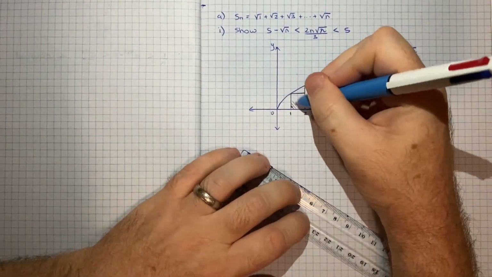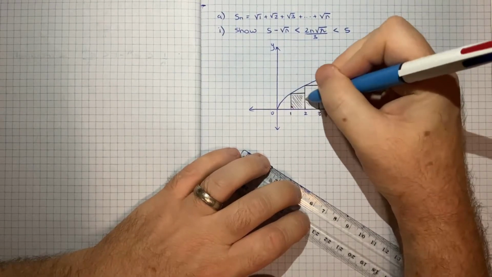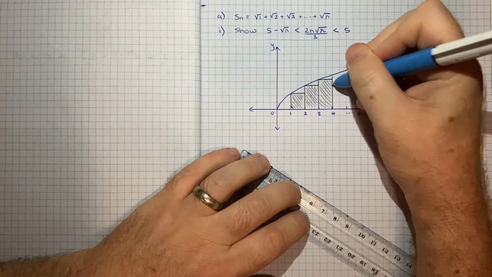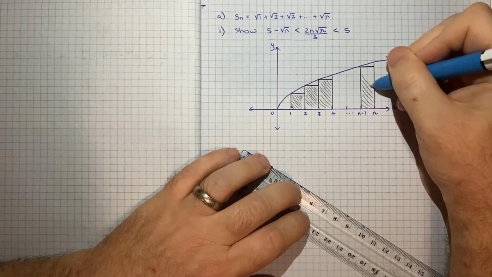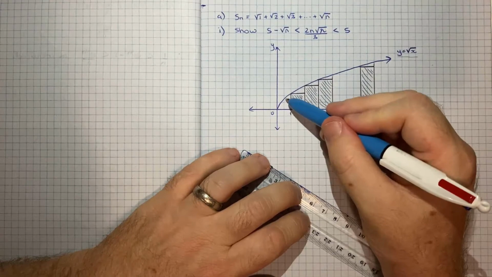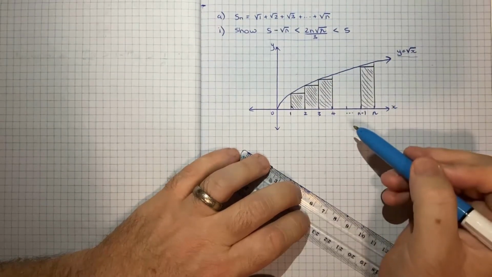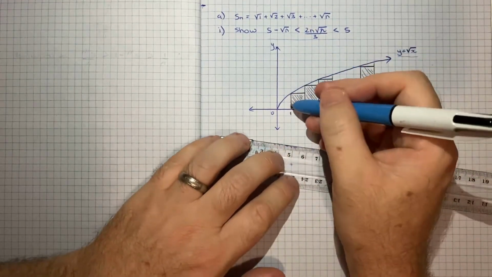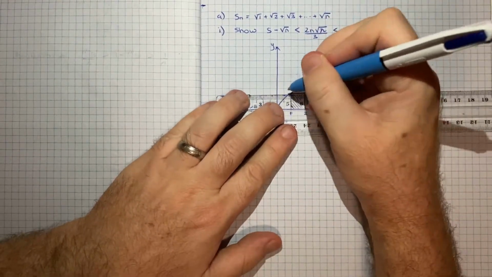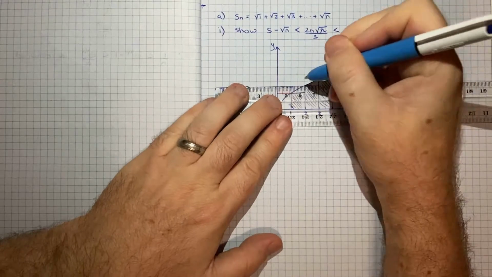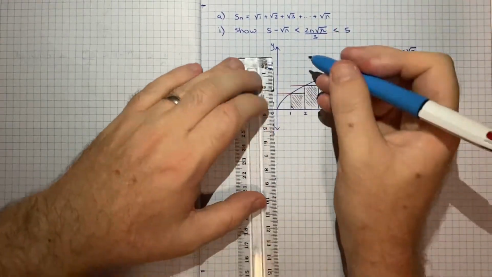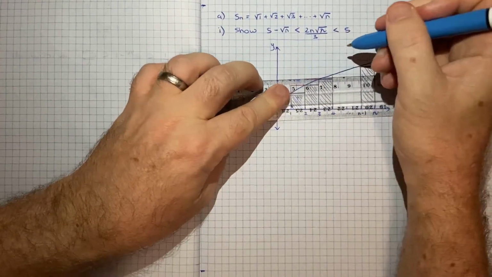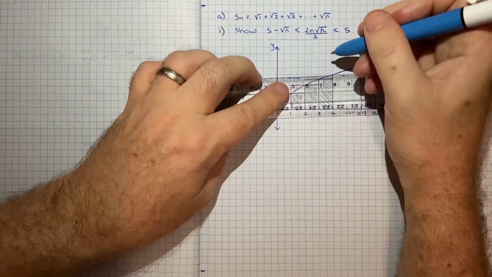So these black rectangles here, we know that the area under those rectangles, you can see just visually, will be less than the area under the curve, because the curve always sits above those rectangles. I'll just use another color. If I then draw another set of rectangles, the set that lies above the curve, just draw all of these.